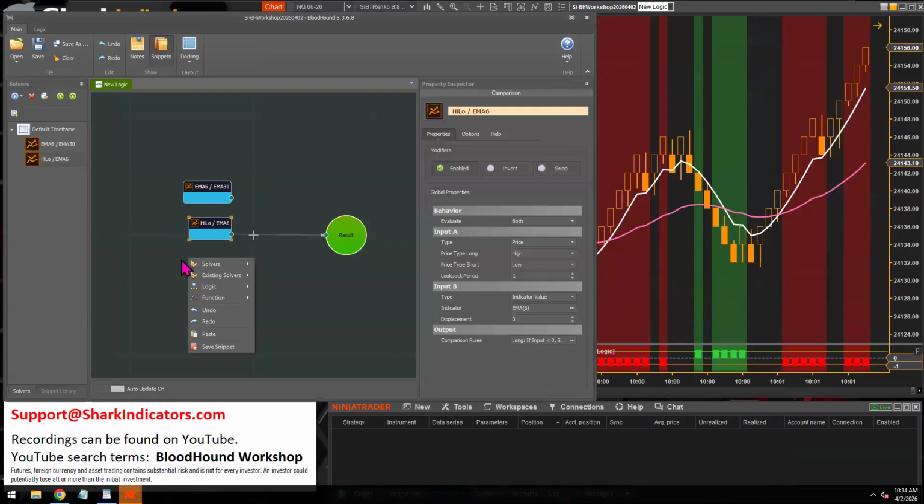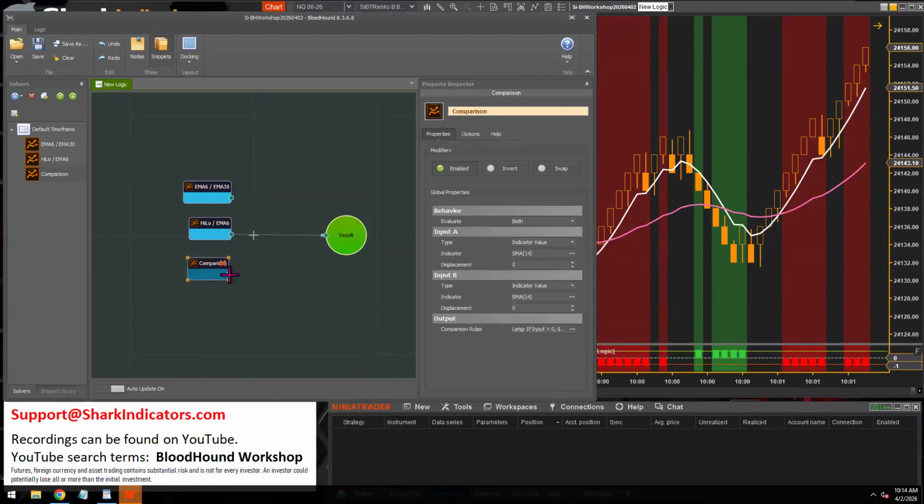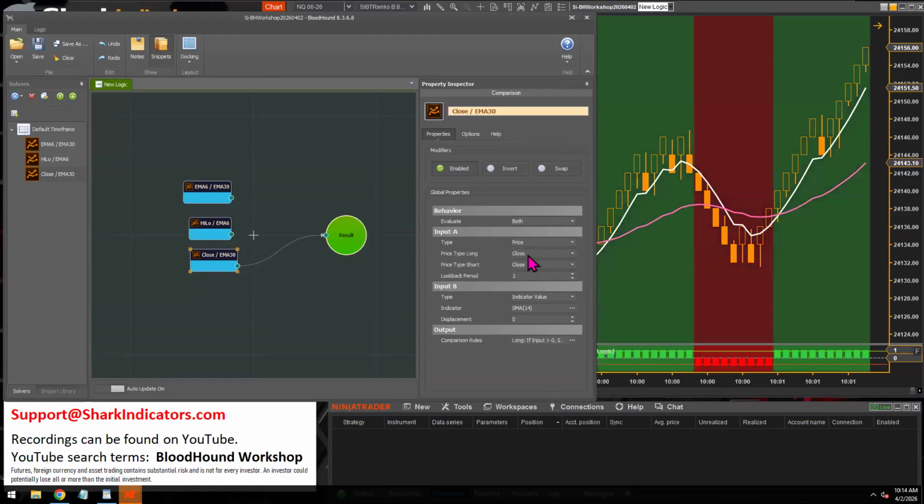So let's add another comparison solver, like so. We're going to compare the close to the EMA 30. All right, so input A will be price again, and the closing price of the bar is the default, so we'll just leave that alone.